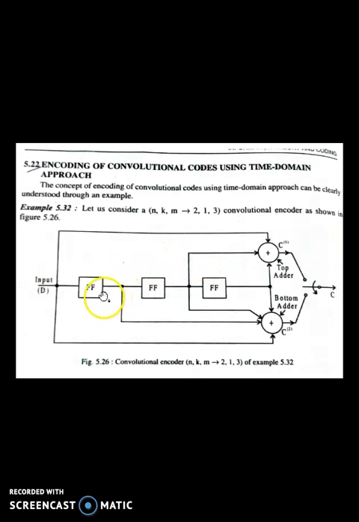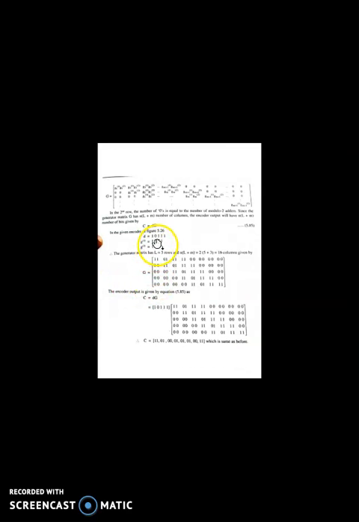From the diagram, the input bit goes to the adder, nothing comes from flip-flop 1, and the outputs of the second and third flip-flops go to the adder. So it is 1011. Similarly, for the bottom adder it is 1111, since all four are present. That is what is shown in this diagram: 1011 and 1111 are the two sequences.